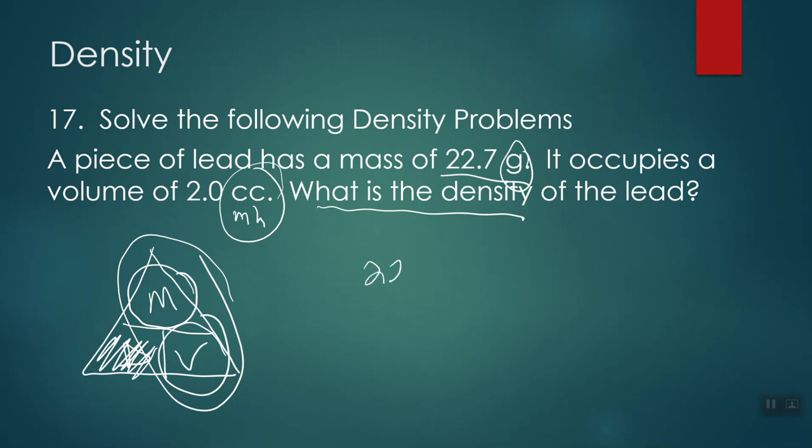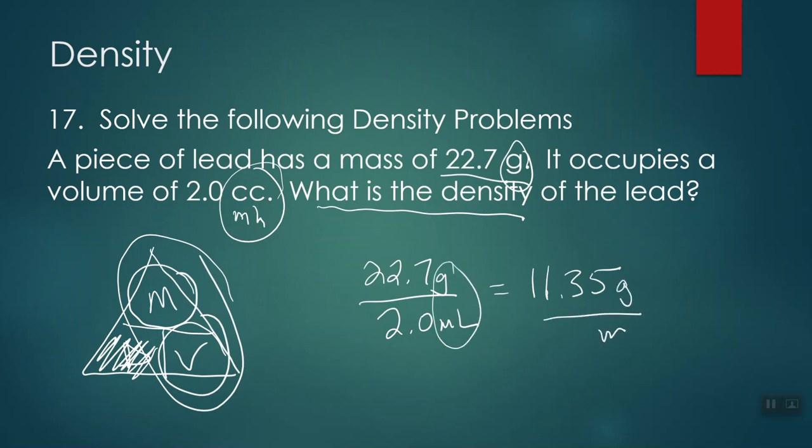Scratch it away. And then what is left over tells you what to do. Take your mass and divide it by your volume. cc is the same thing as milliliters. So, calculate with me. 22.7 divided by 2.0 gives you 11.35, and these units go with you, grams divided by milliliters.